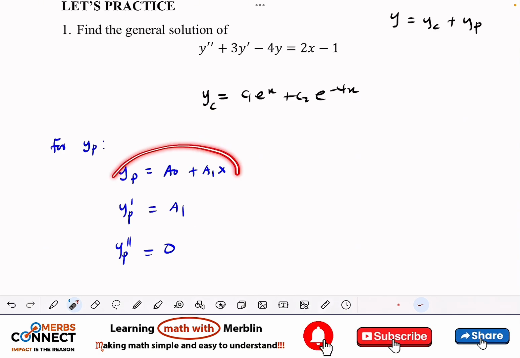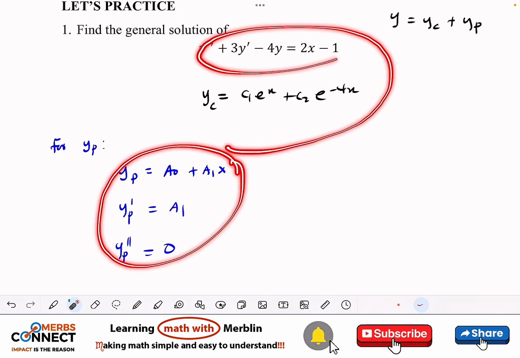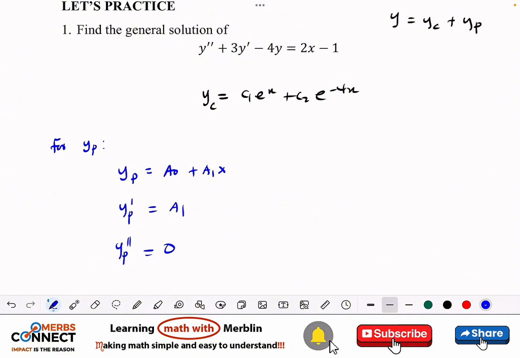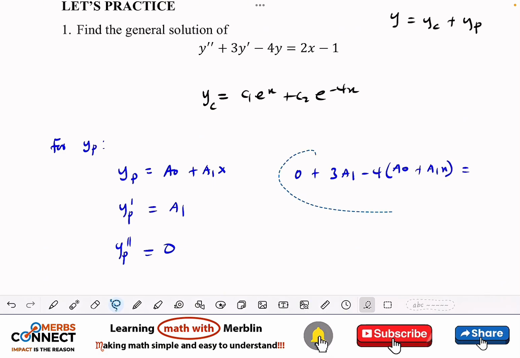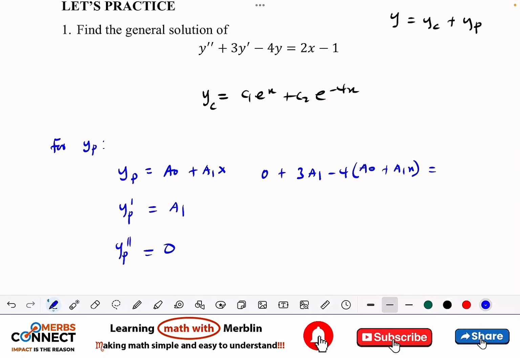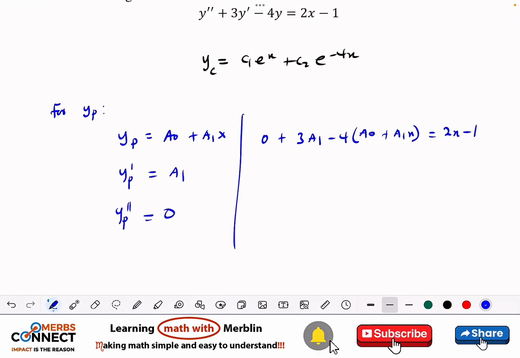So now I'm going to substitute this inside the equation. I'm going to have 0 plus 3 times y prime, which is a1, minus 4 times y, which is a0 plus a1x, which is equal to 2x minus 1.